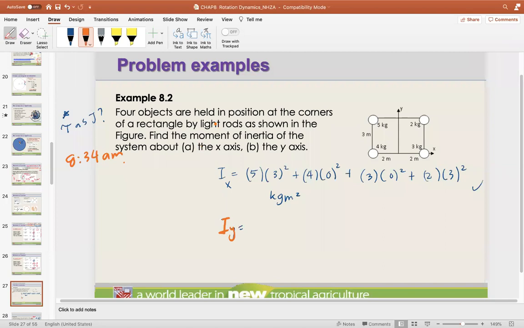This is A if the x-axis is your axis of rotation, and then a second situation, if the axis of rotation is Y. It's just an if situation. Usually there cannot be two axes of rotation. It just wants you to understand how to find moment of inertia.